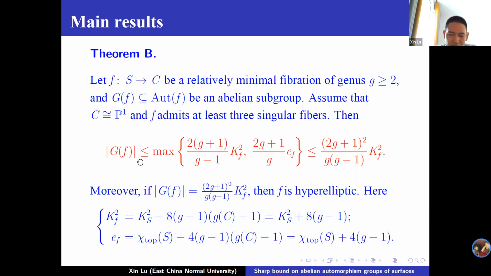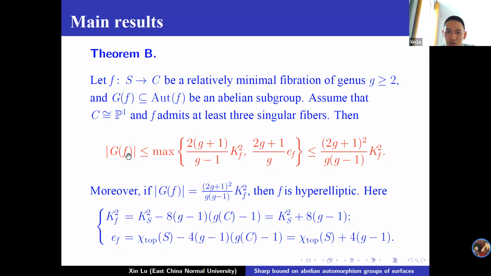And also here, if the size of this abelian subgroup is the maximum possible, that is when G_F is equal to this number, then F must be hyperelliptic. This is just because of the slope inequality, because this inequality comes from the slope inequality.